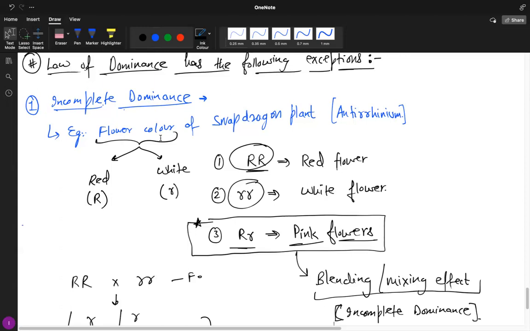As a result of which there is a blending of characters.